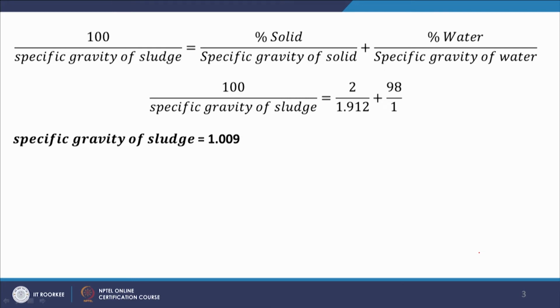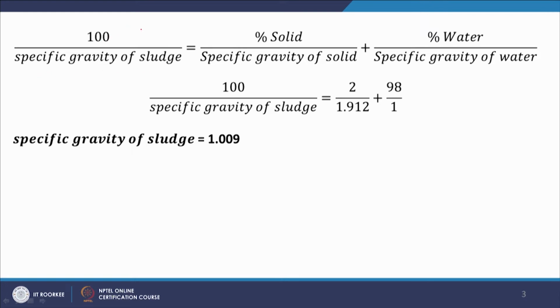So, in that case again the same type of formula we will use, considering total solid and water. So, 100 is the sludge, 100 is a weight, we are considering the 100 gram mass.